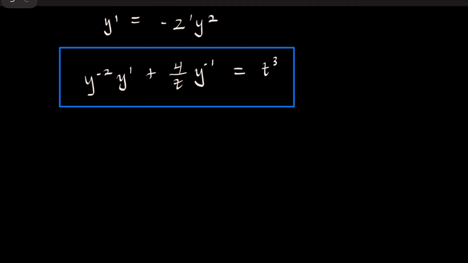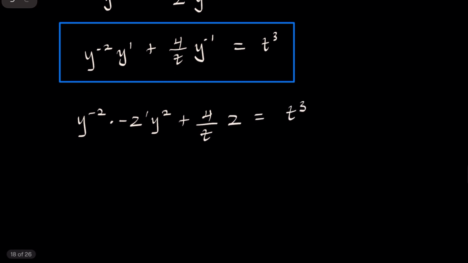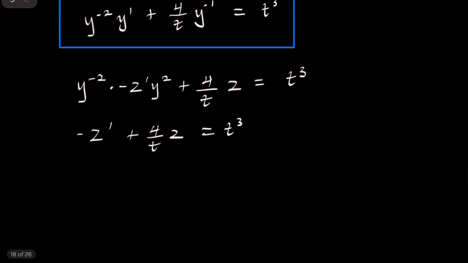And so we are going to have y to the minus 2, now y prime is giving us minus z prime y squared, so that will be times minus z prime y squared, then plus 4 on t, now y exponent minus 1 is z, is equal to t cubed. And so we are going to have minus z prime plus 4 on t z is equal to t cubed.